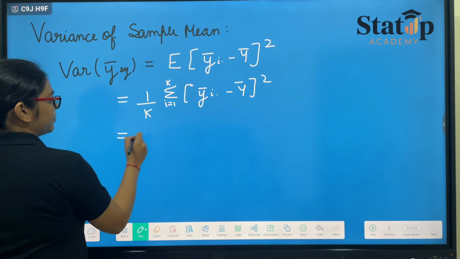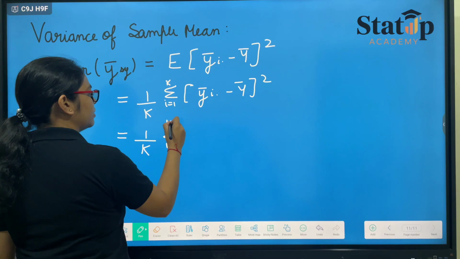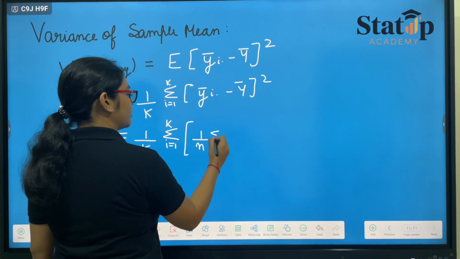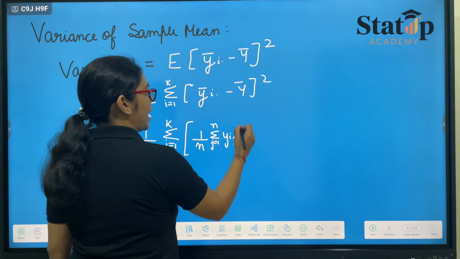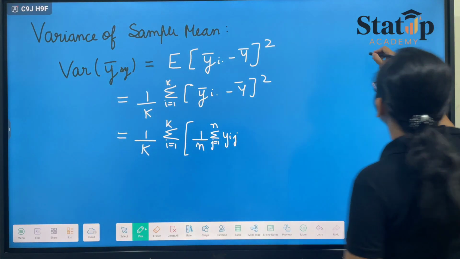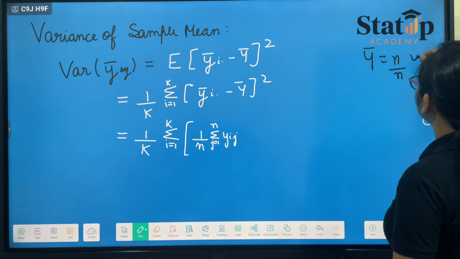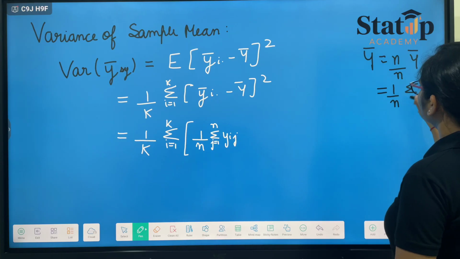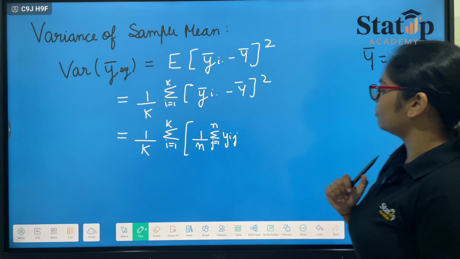So it will be 1 upon k summation i goes from 1 to k, y bar i dot can be written as 1 upon n summation j goes from 1 to n Yij, and capital Y bar can be written as n upon n into Y bar, and 1 upon n, this n above can be written as summation j goes from 1 to n Y bar, because this n will get cancelled.